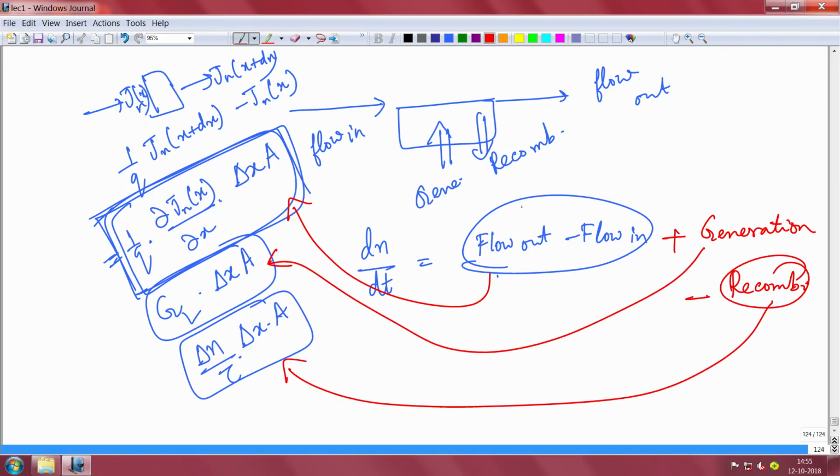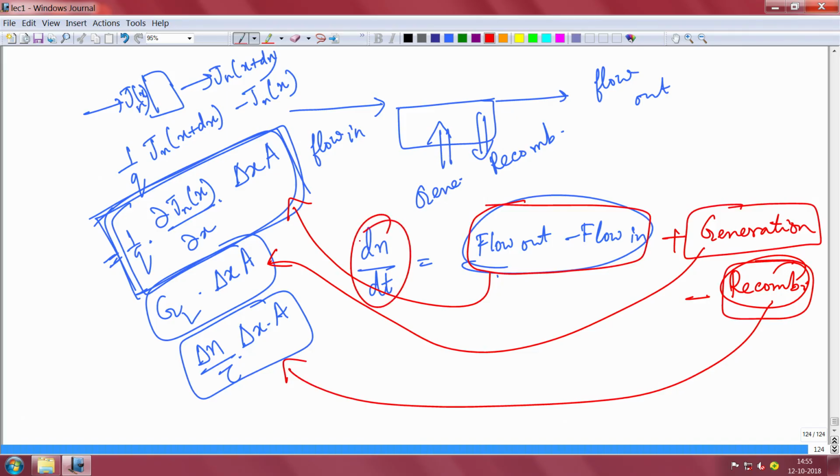You see, flow out minus flow in, plus the optical generation rate or any other generation rate, minus the recombination rate, gives you the total rate of particle flow. So now I can rephrase this equation.